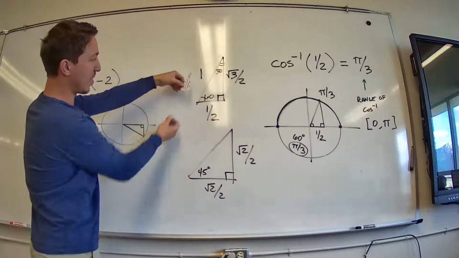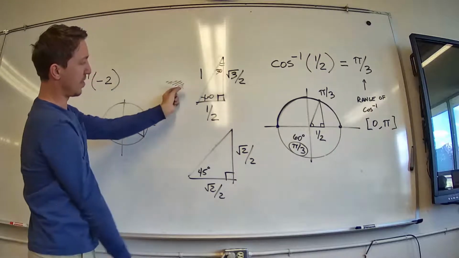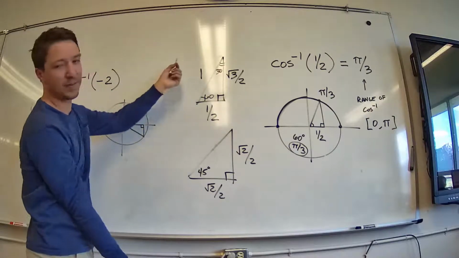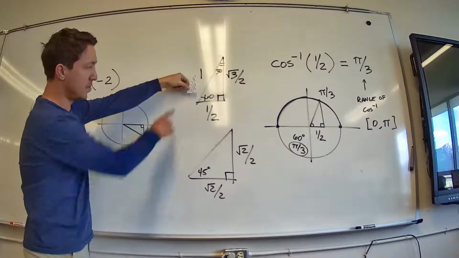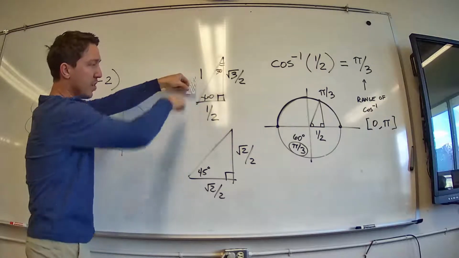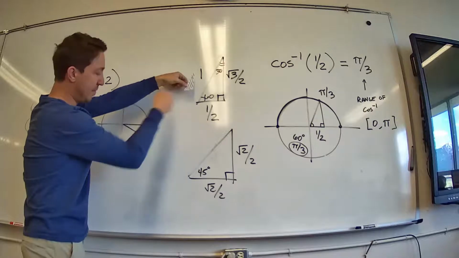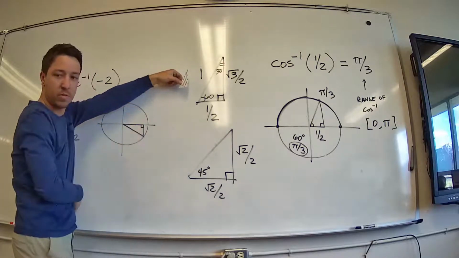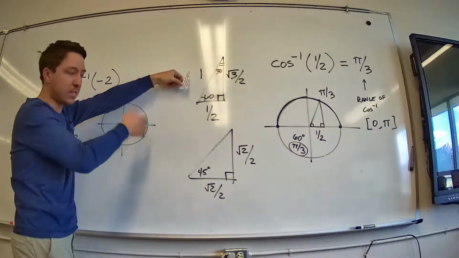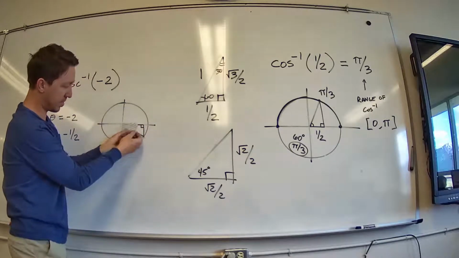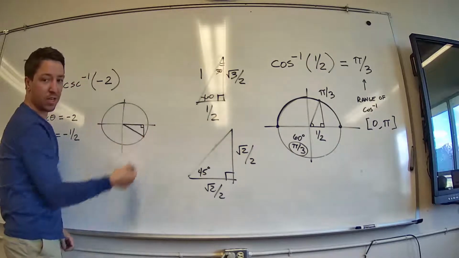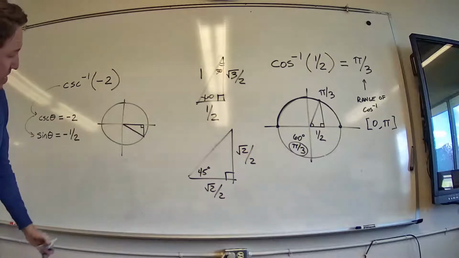So it used to be like this, but now he's like this. If I need that 1/2 to live on the vertical axis, then I need to turn him so he lives like this.